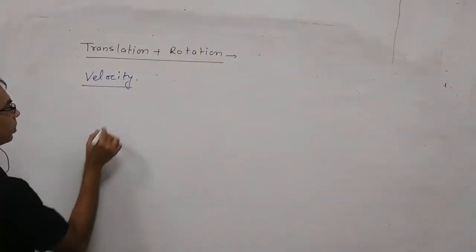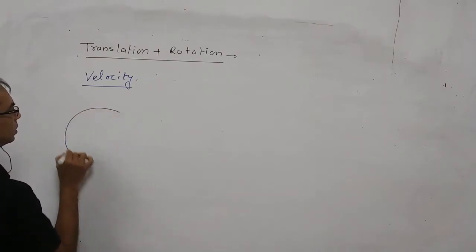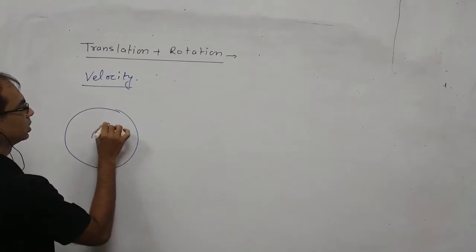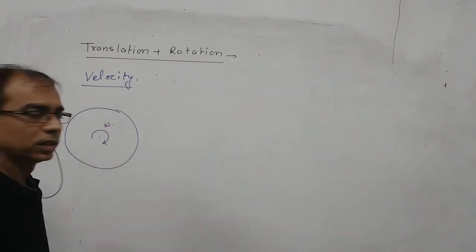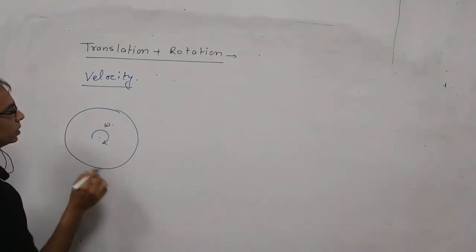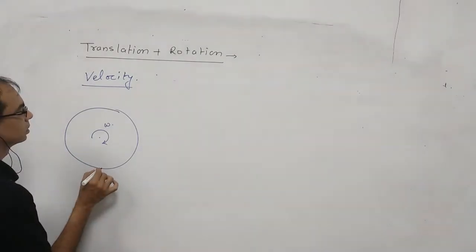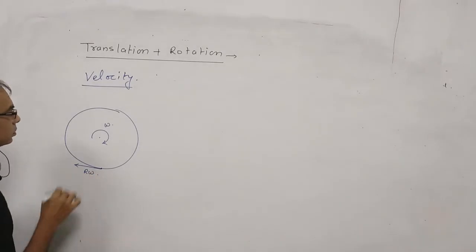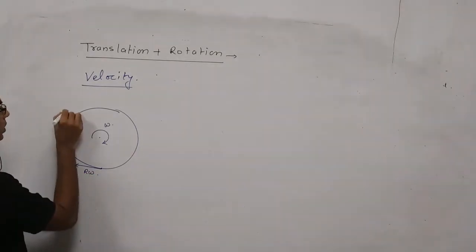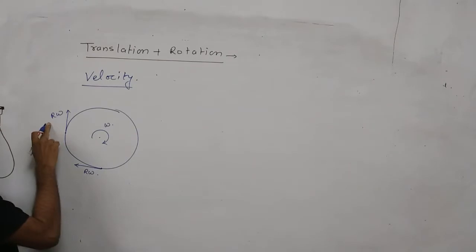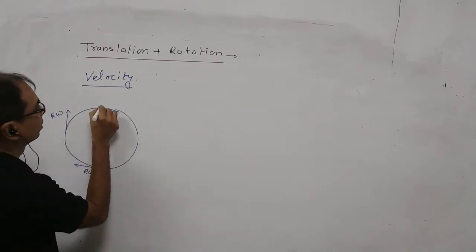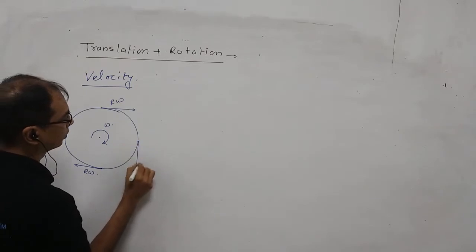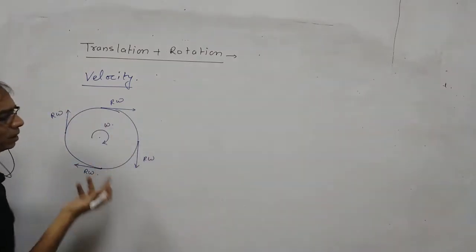So first, let's say, circular motion exclusively. In this one I am not putting up translatory motion at all. So every particle's motion, like this particle having velocity r omega, this particle here is having r omega, and this particle also, and in between we can make whichever point here.